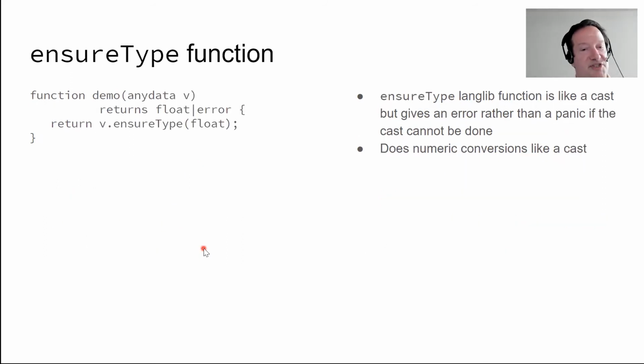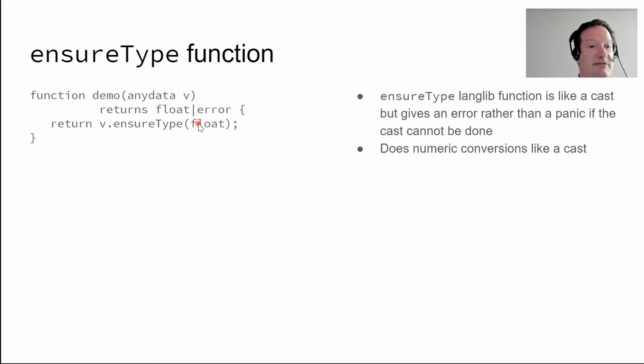Now I think I mentioned the ensureType function earlier. That's a langlib function, and it has an argument that's a typedesc. And this is like a cast, but with a cast, if you can't do the cast, you get a panic, and that's often not what you want when you're dealing with user input, or when you're parsing something from JSON.